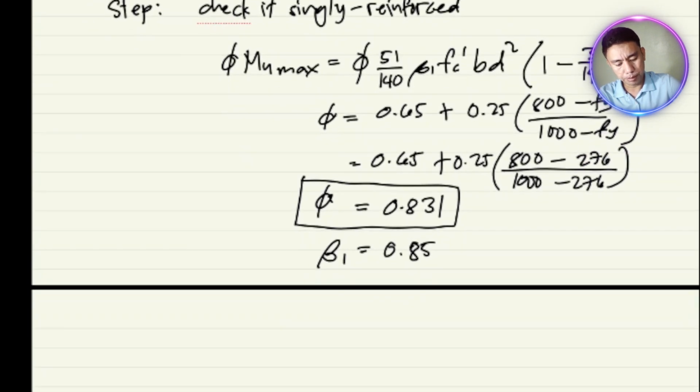Then let's put the values here for phi Mn max.